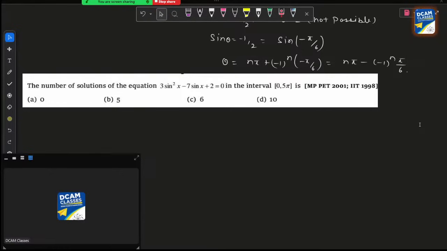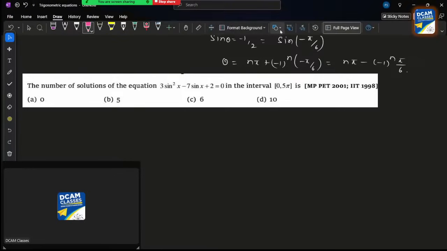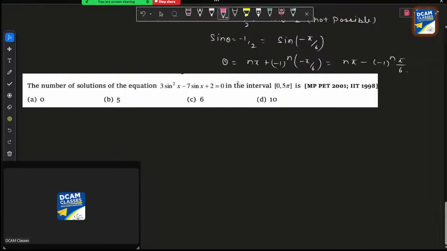In the interval 0 to 5 pi, draw the graph. Sorry, sin x.